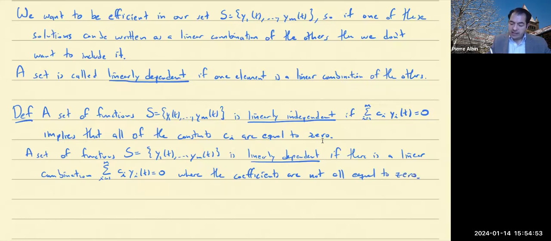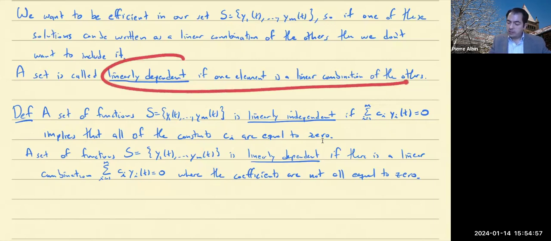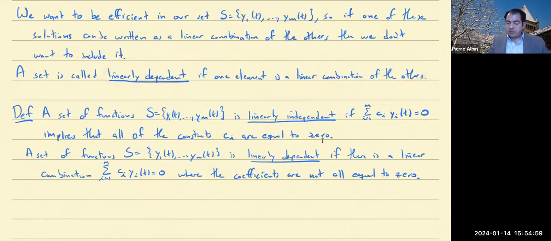If your set has at least 2 elements, then that's the same as what we wrote up here: linearly dependent means that one element is a linear combination of the others.